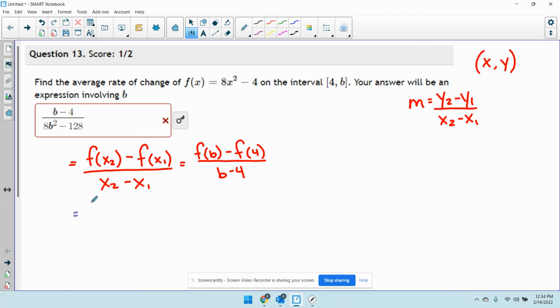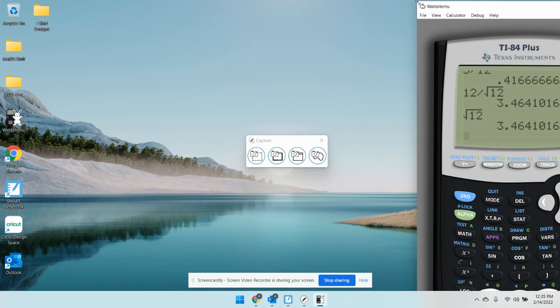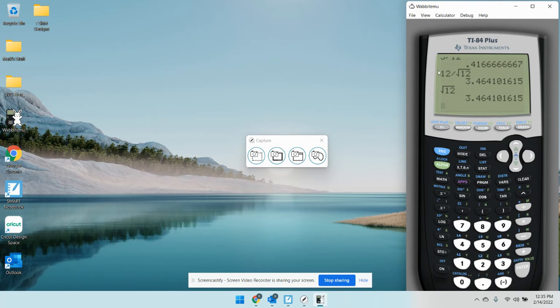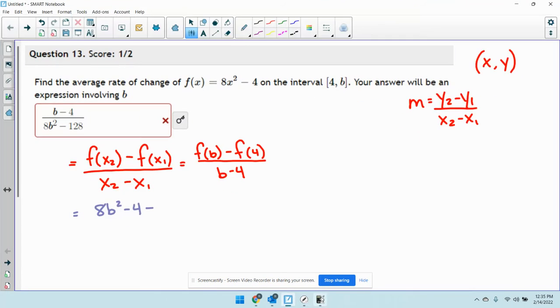So going from there, f of b is 8b squared minus 4 minus f of 4. I'm just going to figure out what f of 4 is. Let me pull my calculator up. I should have done this earlier. Okay.